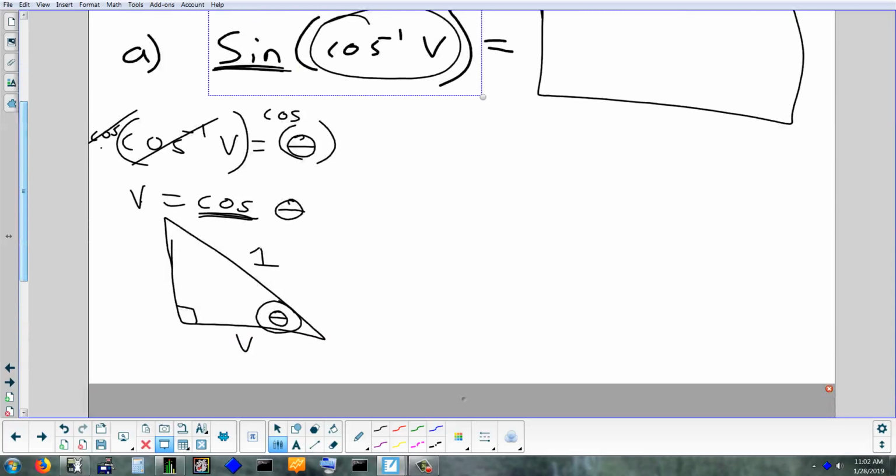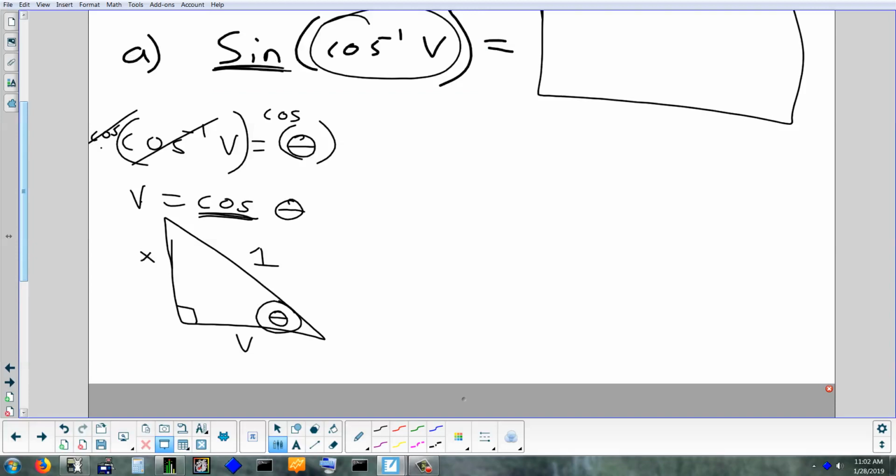How can I get the opposite side, given that I have 2 out of 3? Pythagorean theorem. Yeah. So we're going to use the Pythagorean theorem. That will give us the third side. If you want to give it a name, you can for now. If you want to call it x, we're going to get rid of that in a second, and we're going to know what it is.